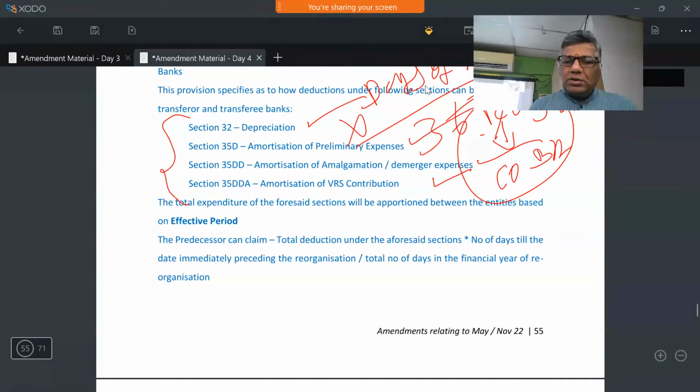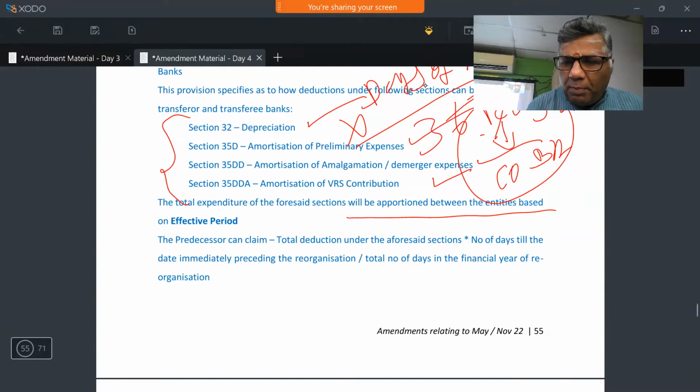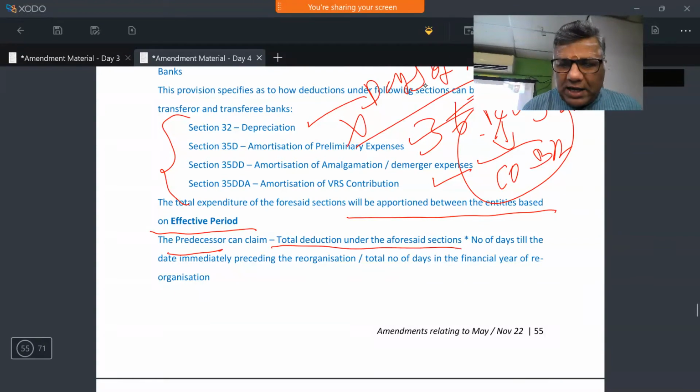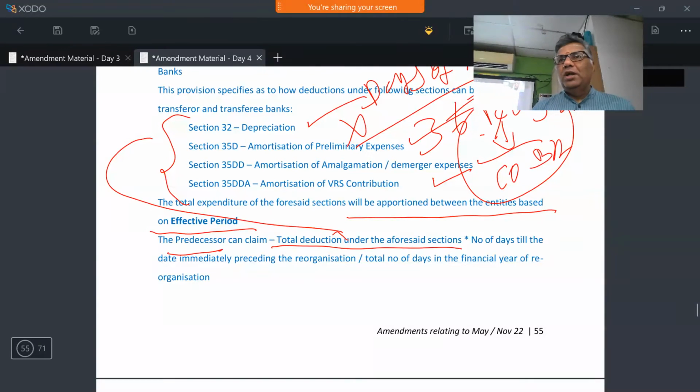The total expenditure will be apportioned between the entities based on effective period. What is effective period? The predecessor, that is the primary cooperative society, can claim total deductions under all these things into number of days till immediately preceding the reorganization divided by 365 or 366. Straightforward, we have been doing it in amalgamation, but this is a specific provision for cooperative societies.